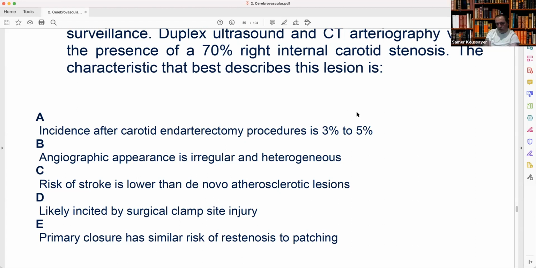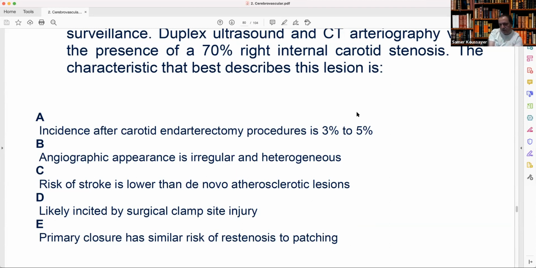If you see stenosis within 3 months of the surgery, this is either clamp injury, or could be the primary closure, or maybe you didn't complete the endarterectomy and left part there. Anything within 3 months, there's no time for neo-intimal hyperplasia. Hyperplasia takes up to 3 years, about 1, 2, 3 years. But anything within 3 months, you have to blame your surgical technique.